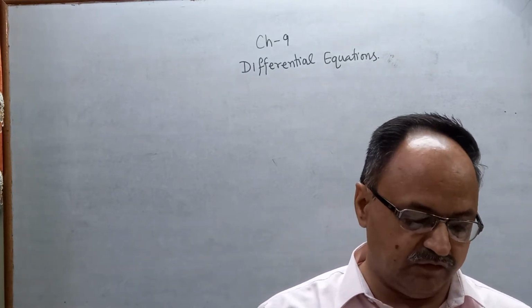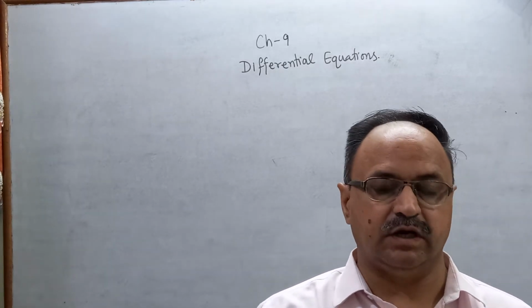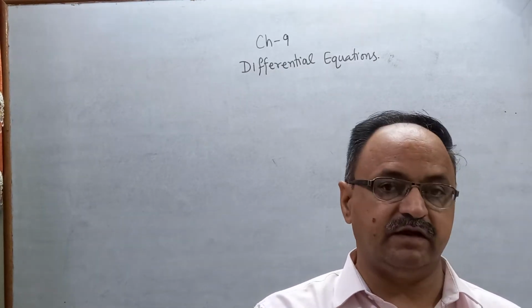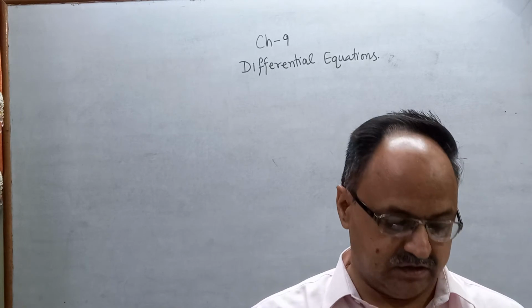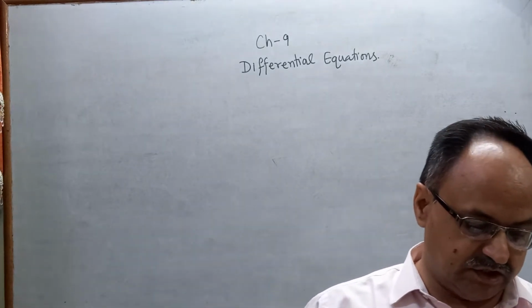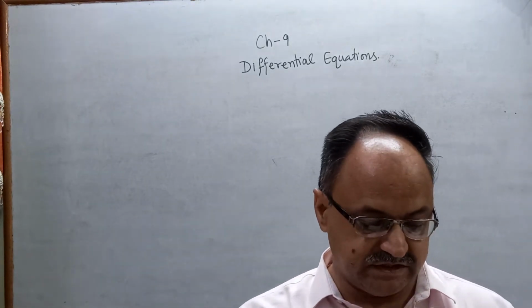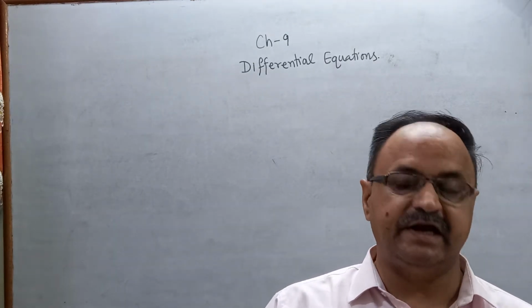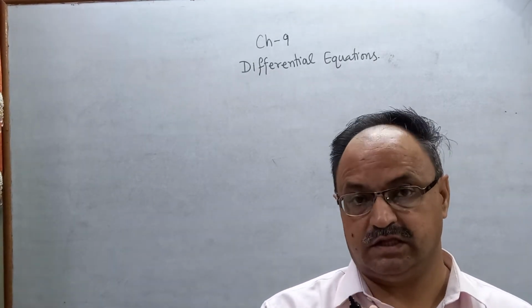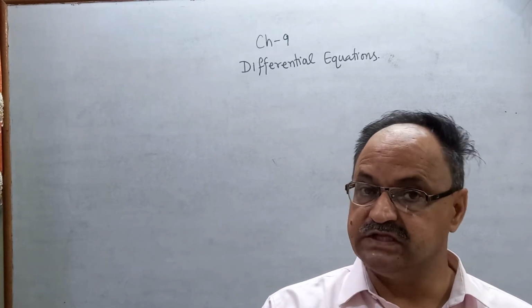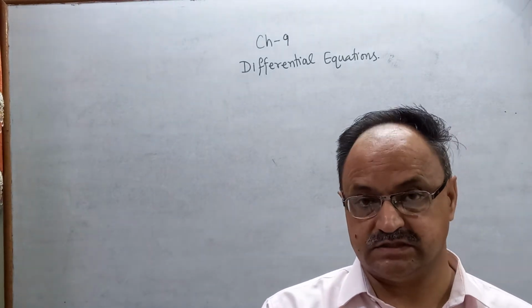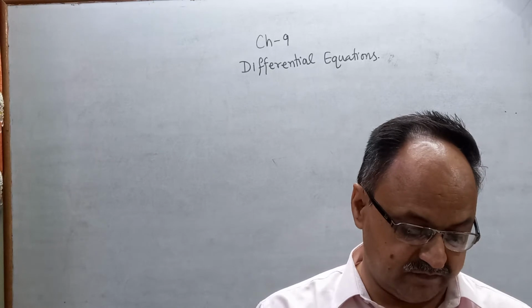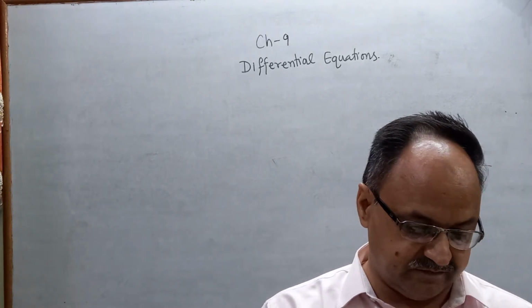That equation involving derivative of dependent variable with respect to independent variable, right? In a differential equation involving derivative of dependent variable, y, with respect to independent variable, that is x, dy by dx. That is called differential equation.